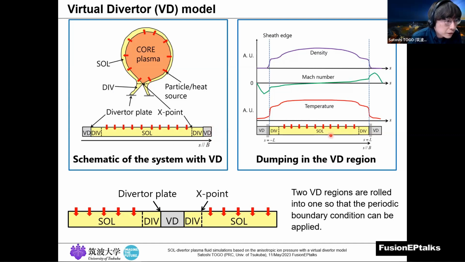On the right side, we show a schematic image of the plasma profiles. In the virtual divertor region, the plasma is strongly damped due to the artificial sink terms. In this figure, it looks like we have one virtual divertor region for one sheath edge, but in the AIP model, two virtual divertor regions are rolled into one, like this, so that the periodic boundary condition can be applied.